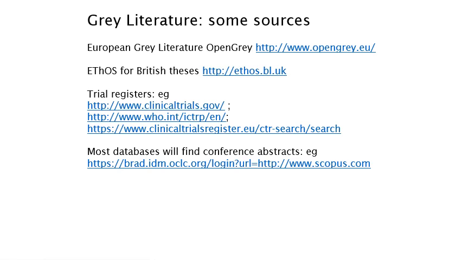Then we have a larger database, the WHO database of clinical trial registry, where a lot of clinical trials have been registered but not published yet. Another site where you can find conference abstracts is given here, and you can look at Scopus, where they have a list of unpublished conference abstracts.